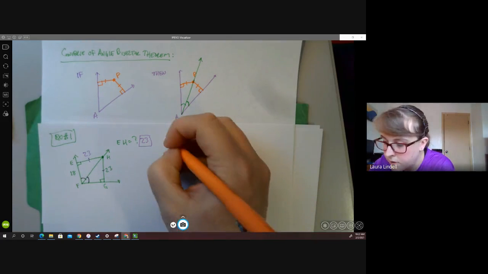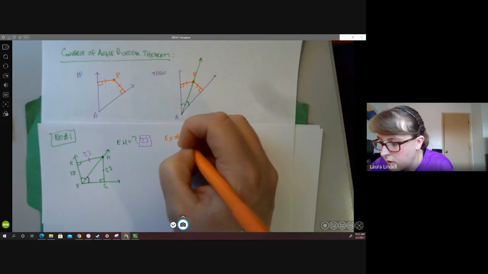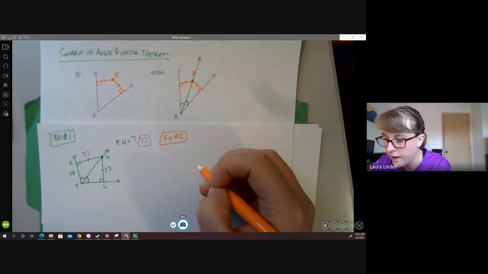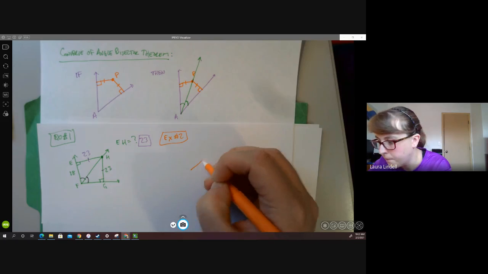The second example is going to be another case that's one of the simpler cases, but it's kind of the reverse. It involves the converse of the angle bisector theorem.